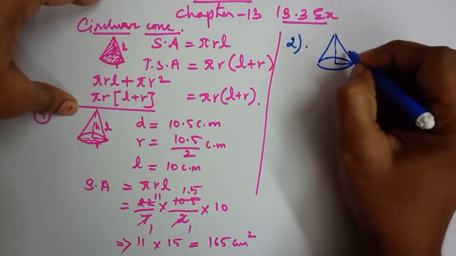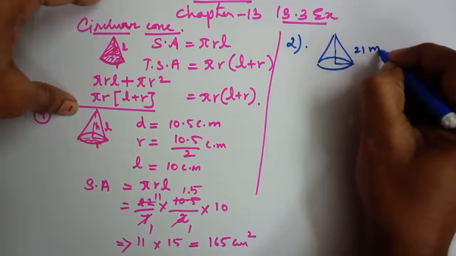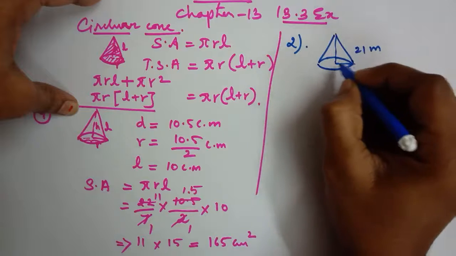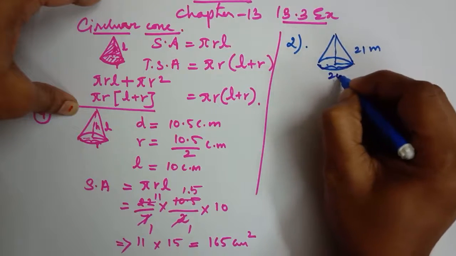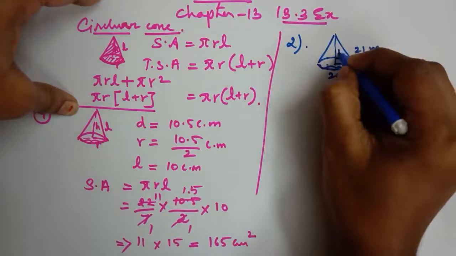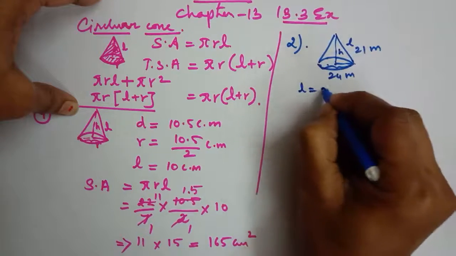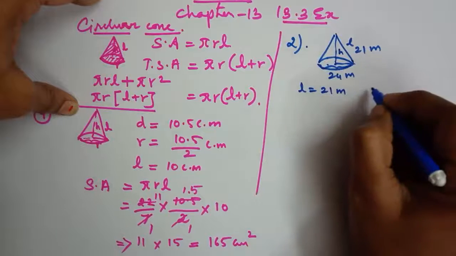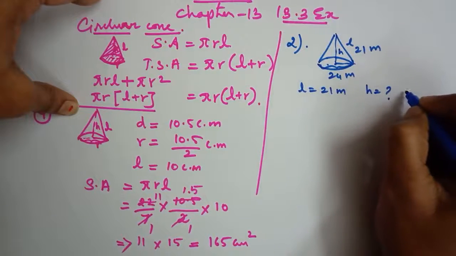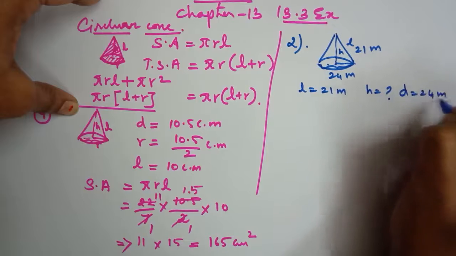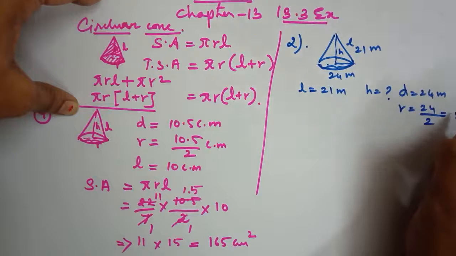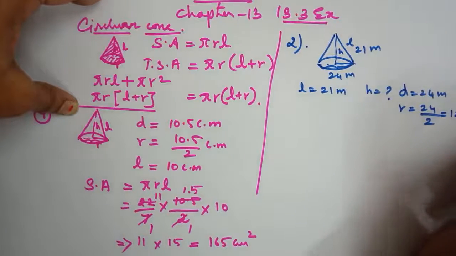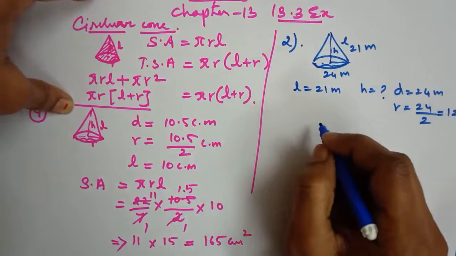Slant height 21 meter and diameter of its base is 24 meter. So here this is H, this is L. So L equal to 21 meter. Then H we don't know. Then D equal to 24 meter. Therefore R equal to 24 by 2, that is equal to 12 meter.